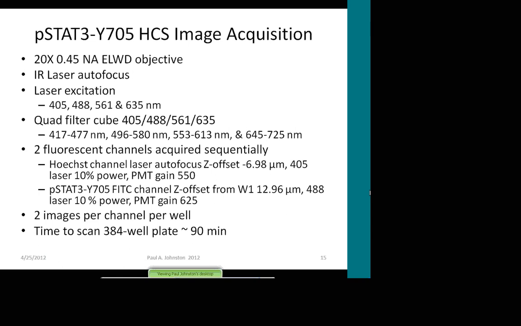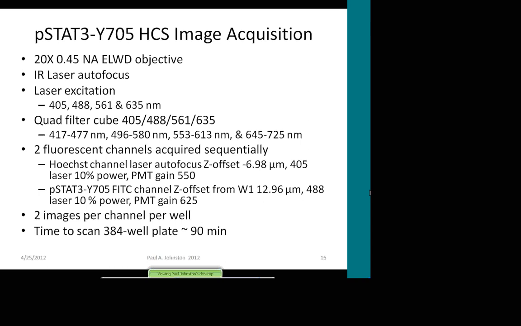We had a Z offset of minus 6.98 microns from the autofocus point, and we used the 405 laser, 10% power, and a PMT gain of 550. For the phosphotyrosine 705 channel, we had a Z offset of 12.9 microns above the autofocus point, or away from the Hertz Z offset, with the 488 laser at 10% power and a PMT gain of 625.